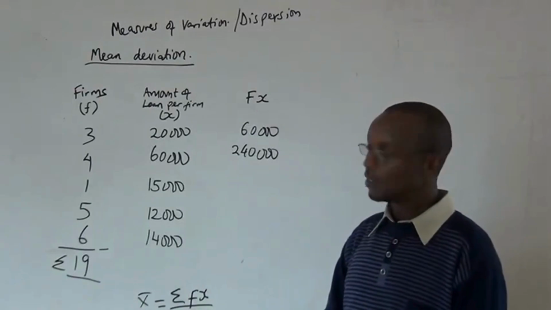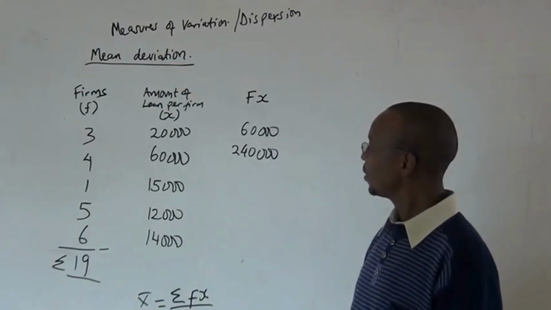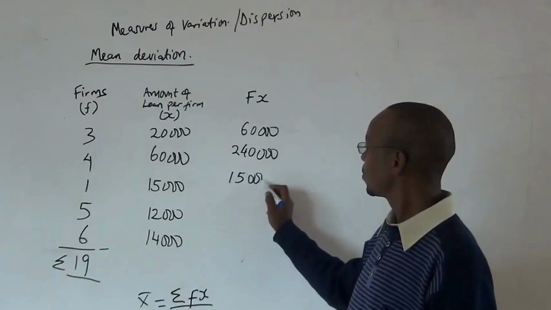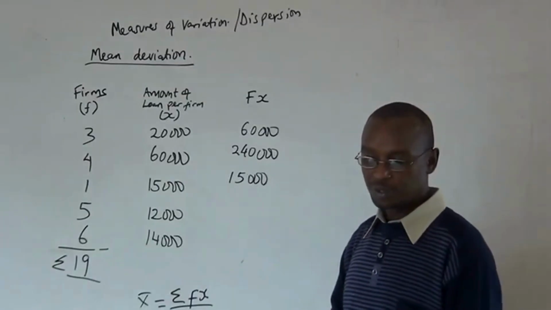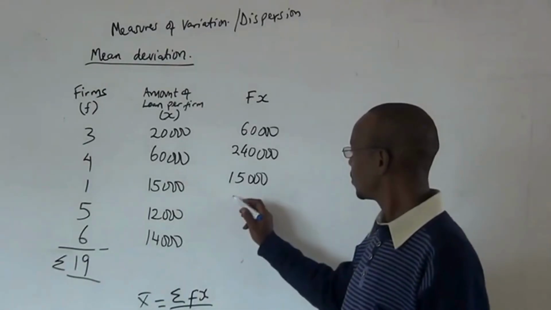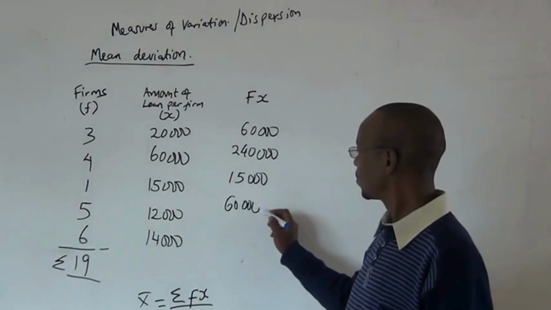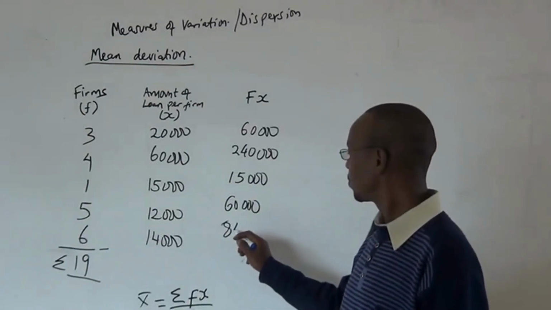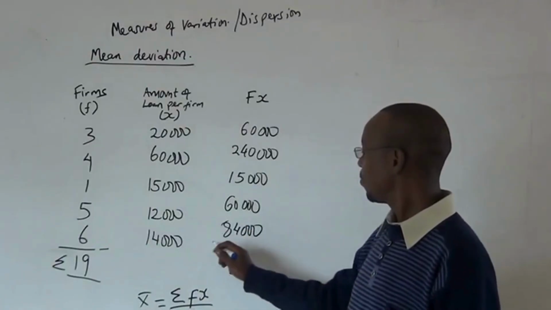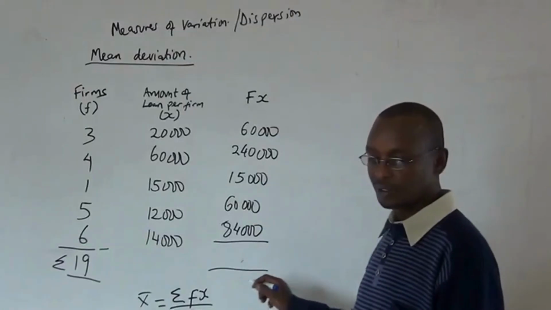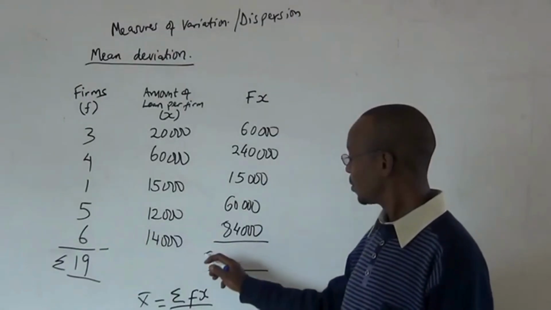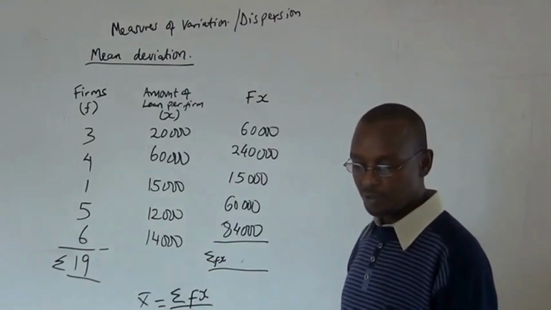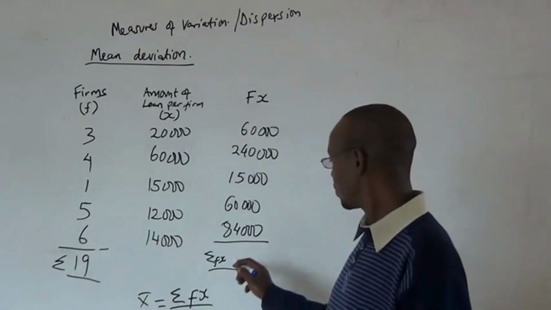Then 1 times 15,000, it's 15,000. 5 times 12,000, 60,000. 6 times 14,000, it's 84,000. If you add these, they will give you a summation of Fx, which is 459,000.